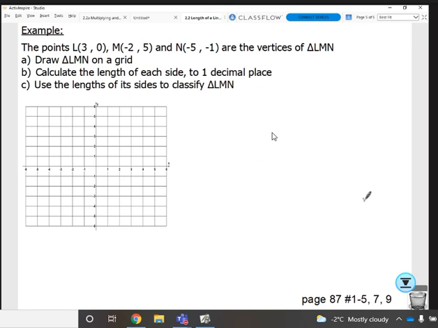Okay, here's a grid. So let's draw this: L is 3, 0. M is negative 2, positive 5. And N is negative 5, negative 1.